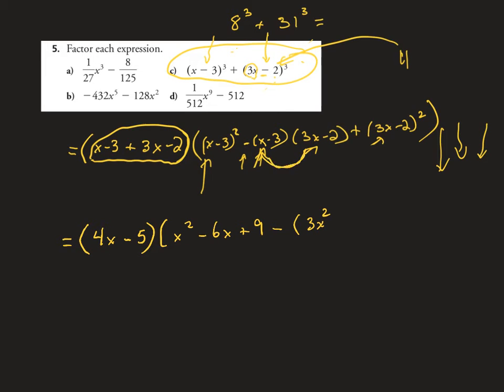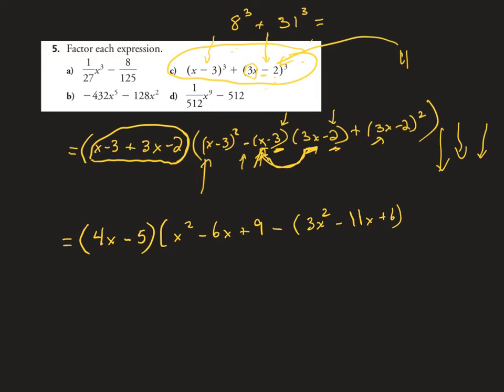We're going to FOIL these two. So x times 3x is 3x squared. x times negative 2, that's minus 2x. Negative 3 times 3x, that's minus 9x. So instead of minus 2x minus 9x, I'm just going to put those together. Minus 2x minus 9x is minus 11x. And negative 3 times negative 2 is plus 6.